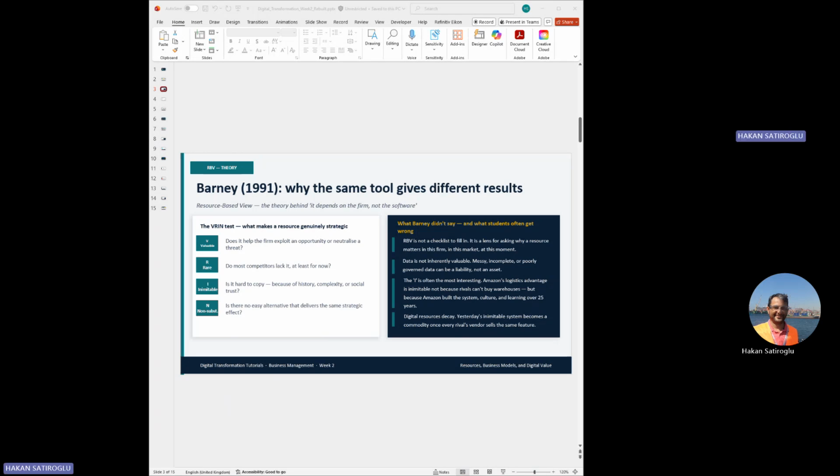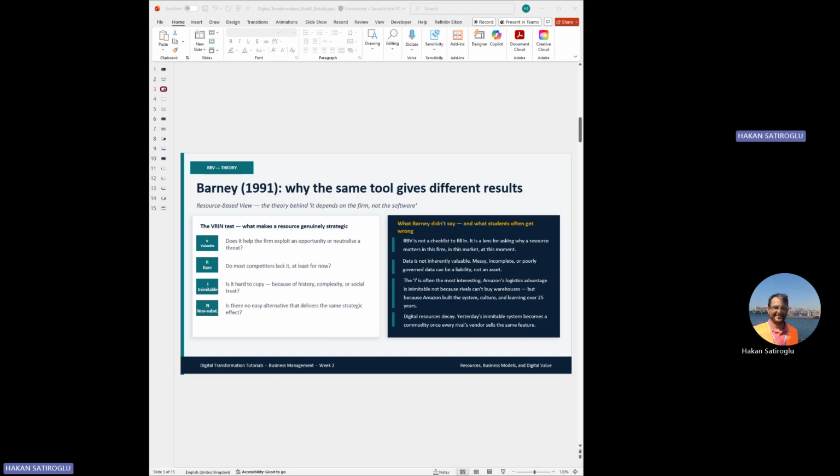Okay. On the right hand side, this is also important because it clears up what you may often misunderstand. Barney is not saying firms just tick off a checklist and automatically have an advantage. He's saying that we have to ask why this resource matters in the company at this moment.